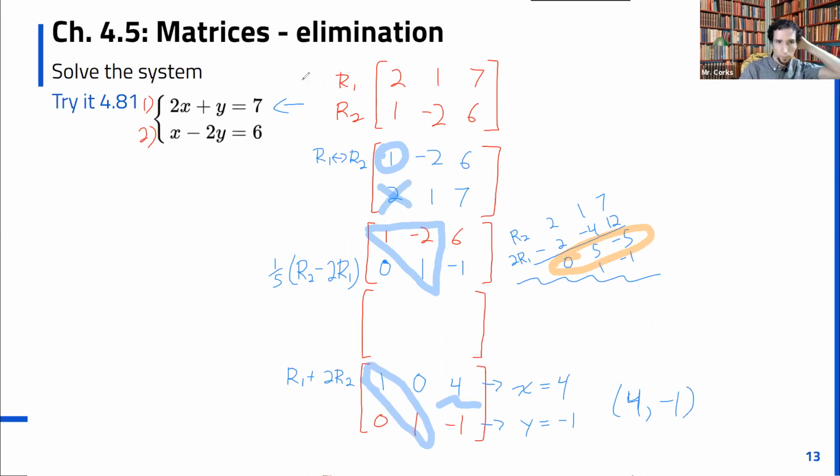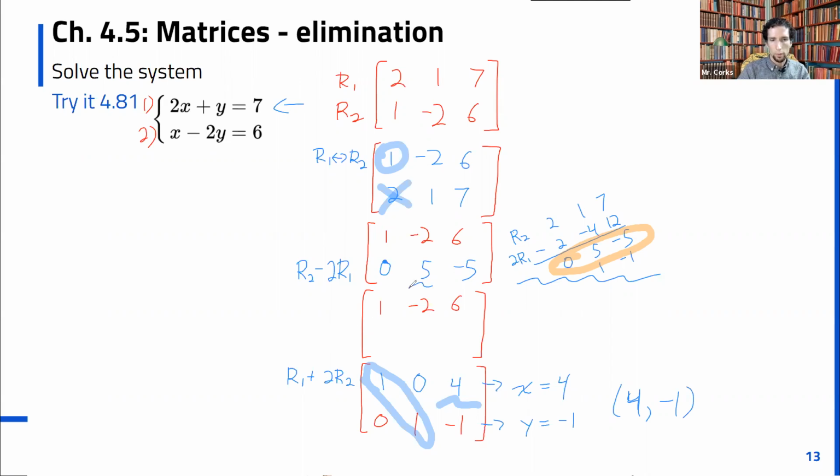this. So the result here was 5 and 5. So 5, -5. And then let's say we do one more operation here, to just scale this down.